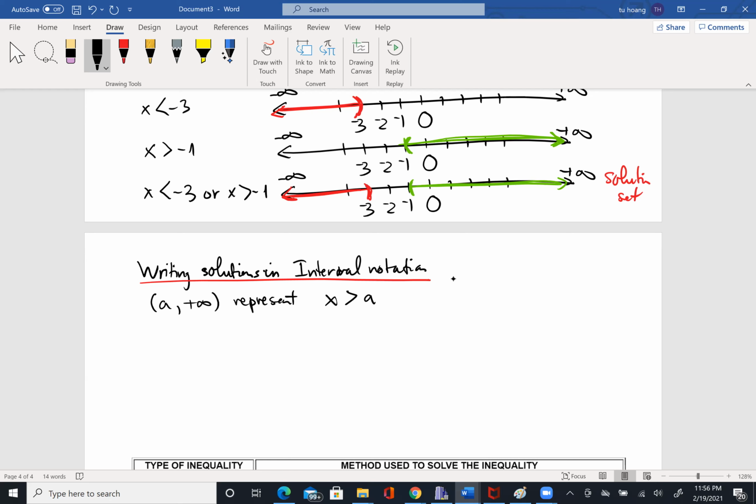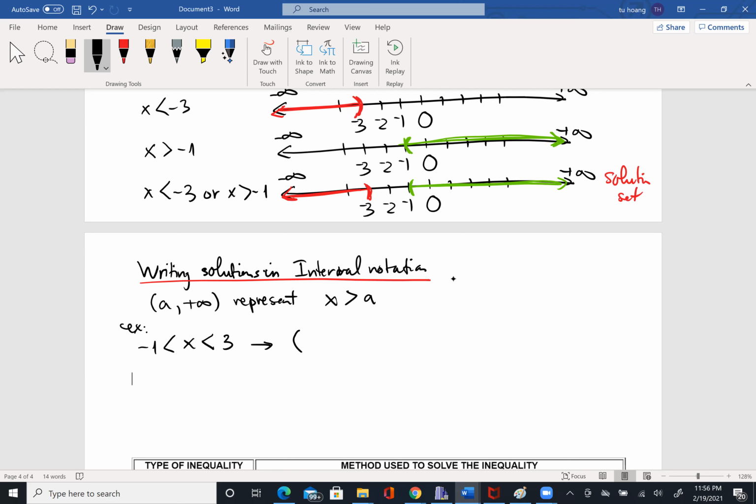What else? Maybe I will have some examples, such as if x is greater than -1 and less than 3, you can represent it in interval notation.